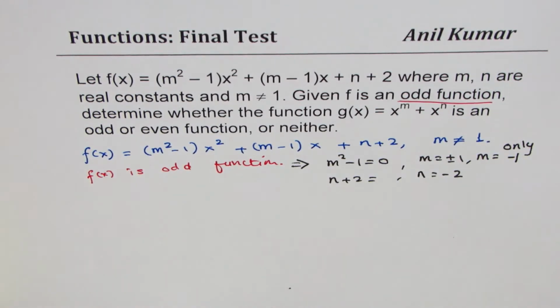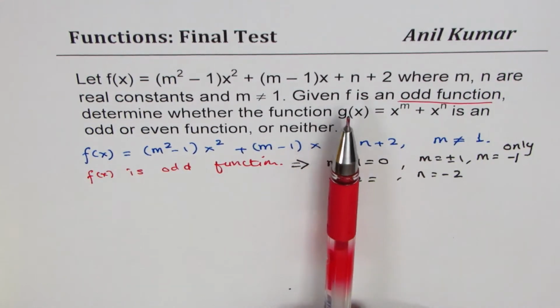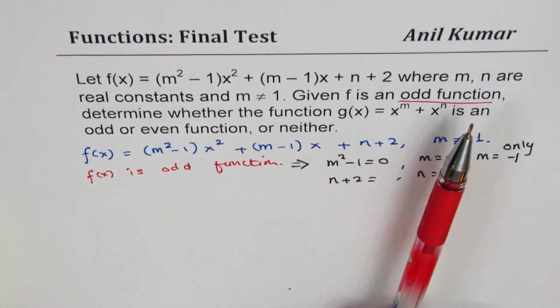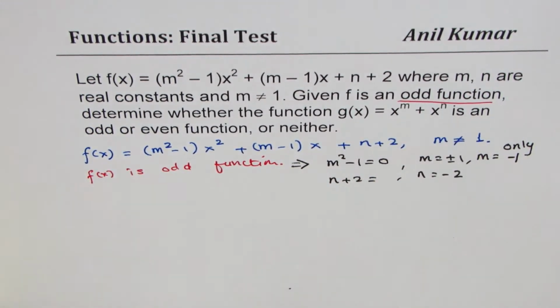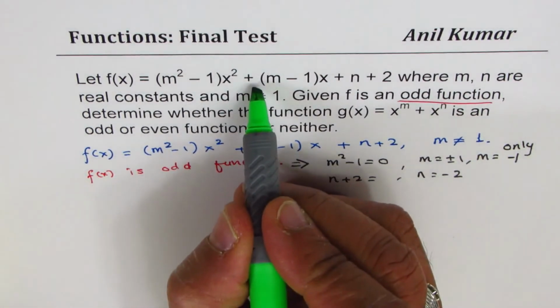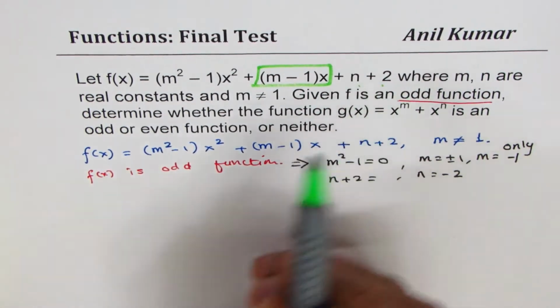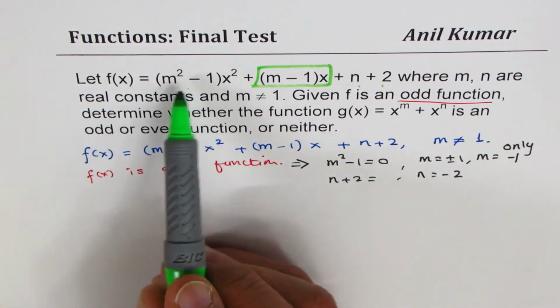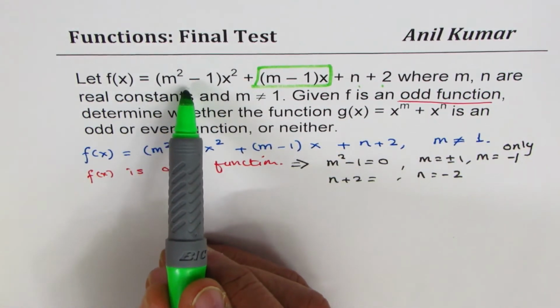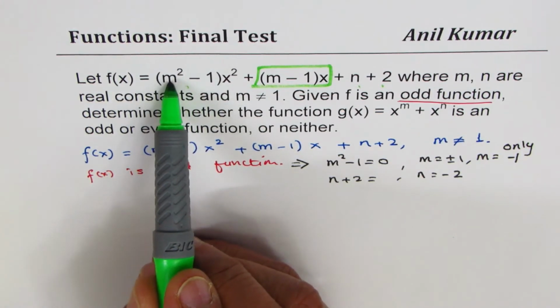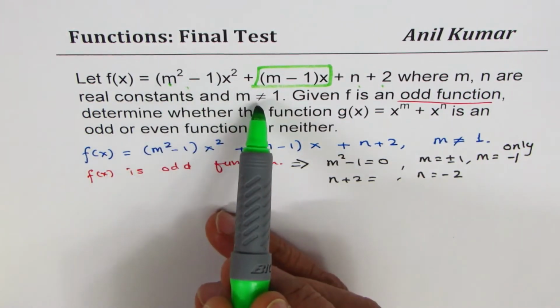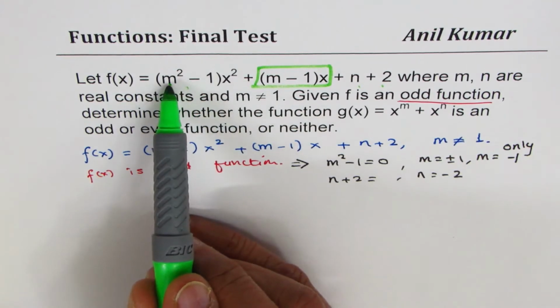So I hope you get this concept. The given statement that f is an odd function implies that we should only work with this component. The other two should be 0. Now that can be 0 only when m is plus minus 1. Since m cannot be plus 1, it has to be minus 1, right?